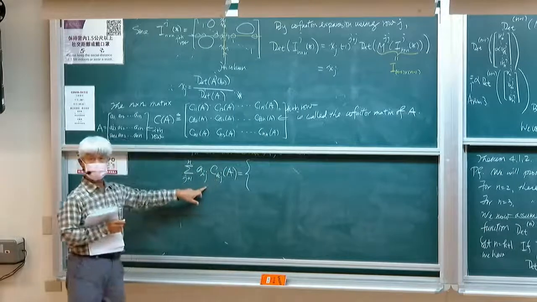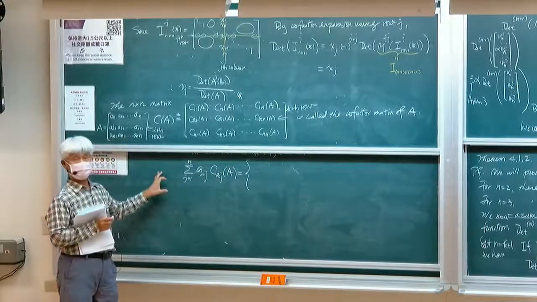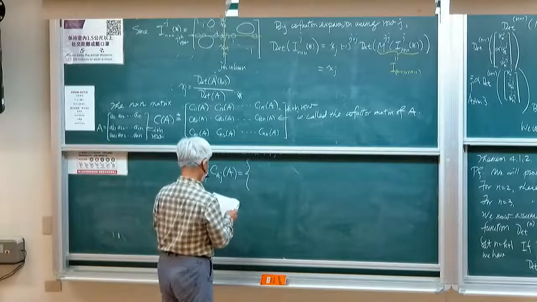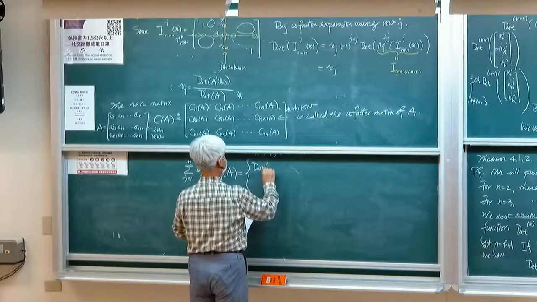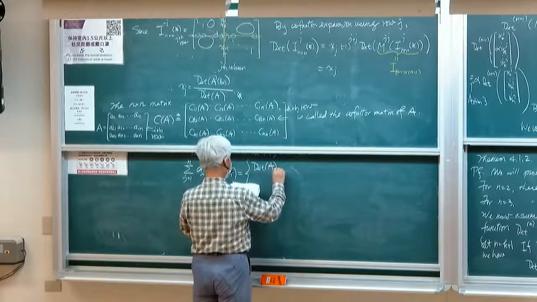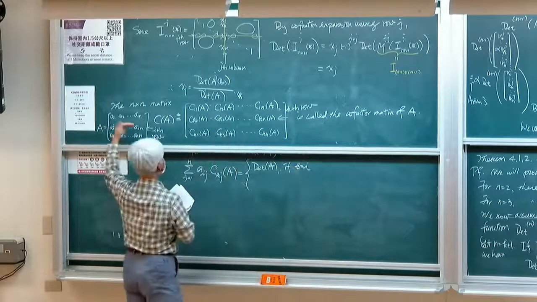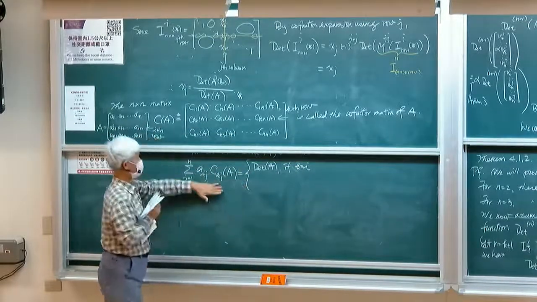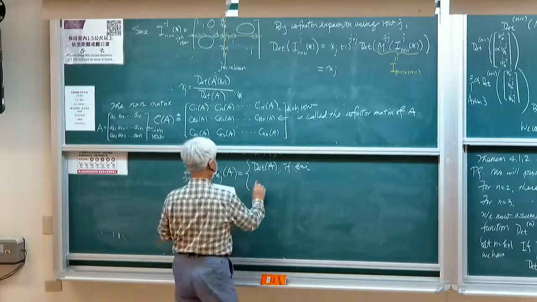You sum over them, and the result is the determinant of A if k is equal to i. If you select the same row, this sum becomes the determinant of A. Otherwise, it's 0.